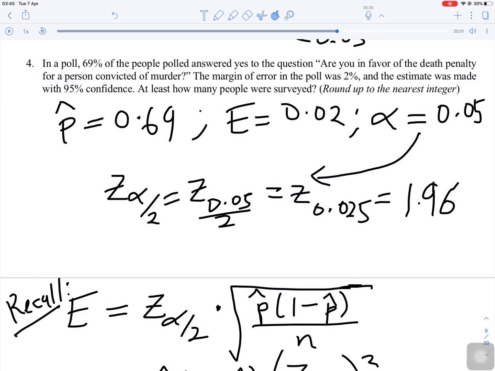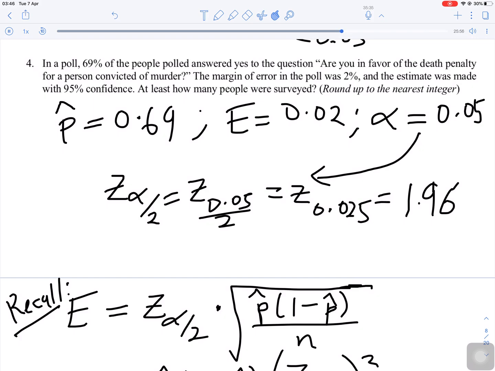And this poll has already identified the proportion of people in the sample who have agreed yes, and that is 69%. And then we are also told that the margin of error in the poll was 2%, and the point estimate was made with 95% confidence. At least, how many people were surveyed?